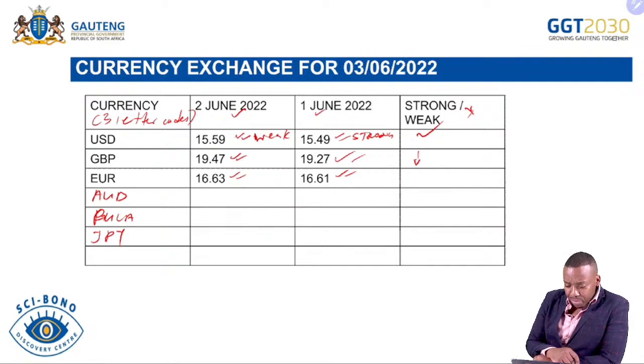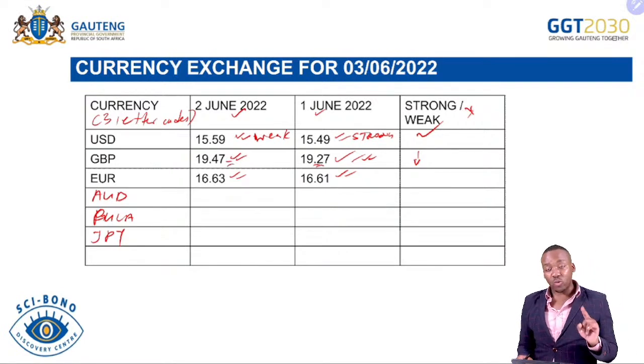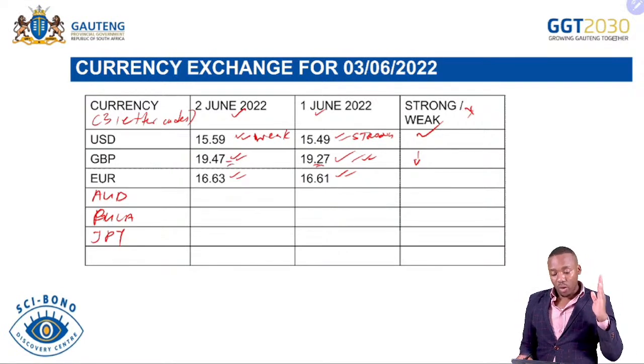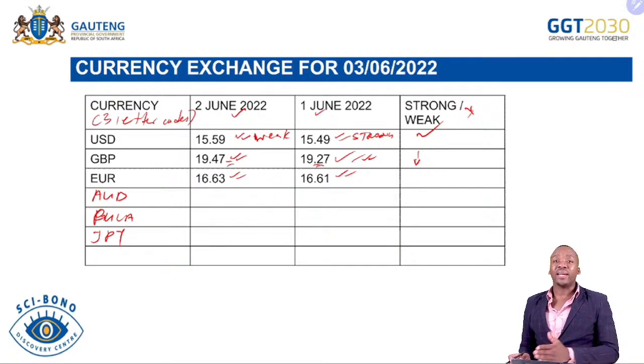Let's just compare again. Let's check the British pound. When was the rand strongest? The rand was strongest on the first. Right? Because on the first, how much were you paying to buy 1 British pound? 19 rand 27 cents. But when you check the second, you were paying 19.47. Meaning on the second, our currency was very weak. We are weak when we pay more to buy foreign currency.